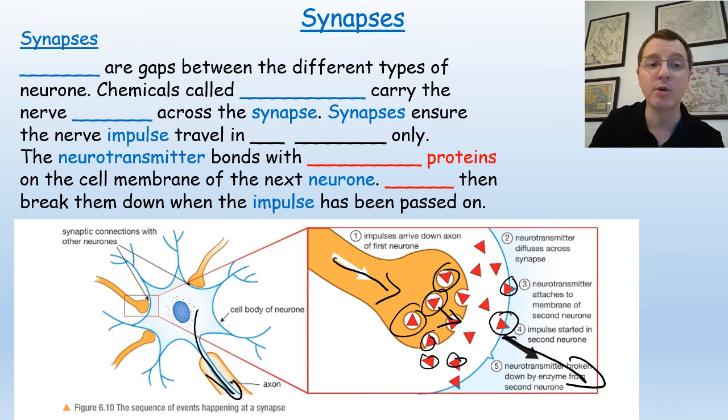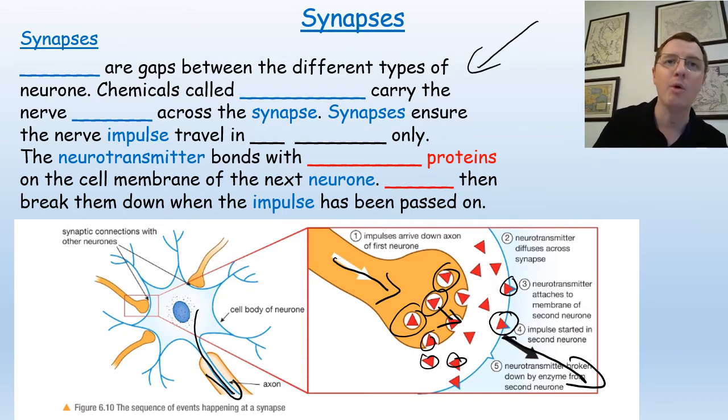So just pause the video now, think about what I've said, see whether or not you can fill in the gap fill. This could be worth 3 or 4 marks in an exam. Can you explain how electrical nerve impulse crosses the synapse?